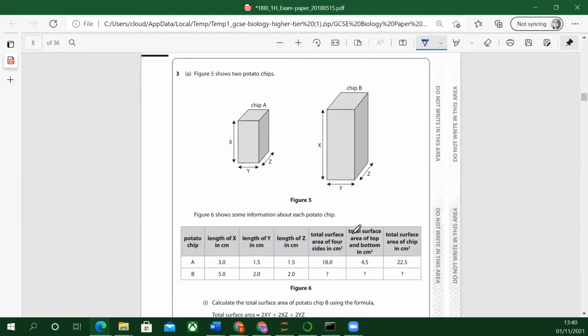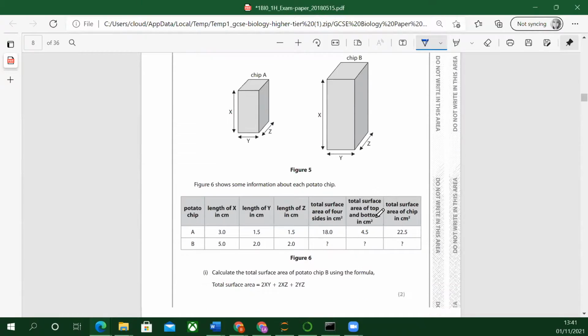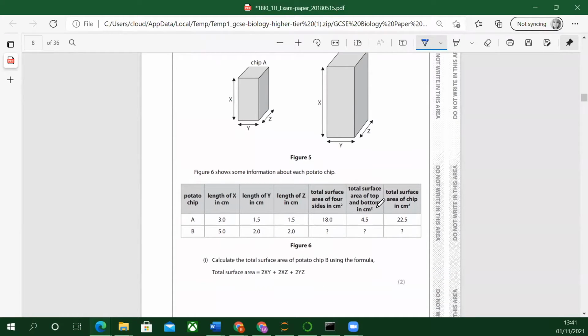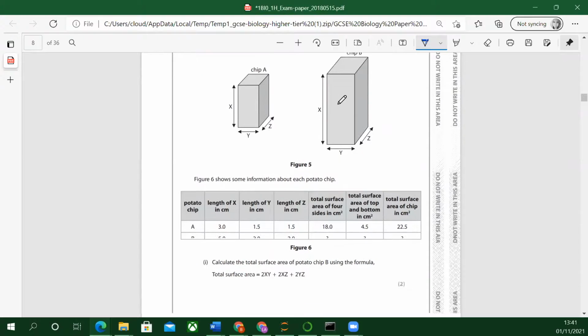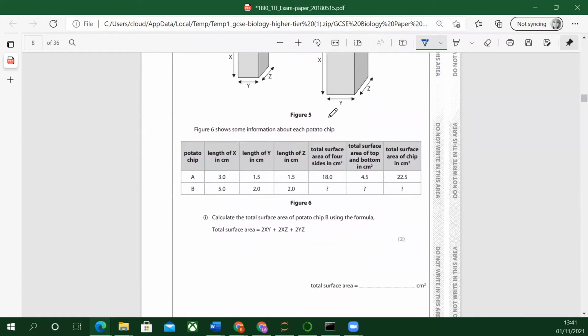Total surface area of chip. So that's the sides, that's the top and bottom, that surface and the bottom surface we can't see, and that's the total one. This is a bit of maths really at the moment. It says calculate the total surface area of potato chip B, so the bigger one, using the formula 2xy plus 2y.